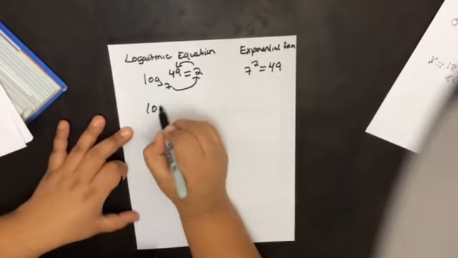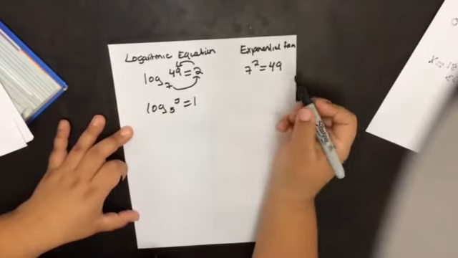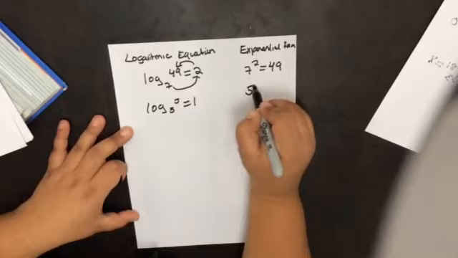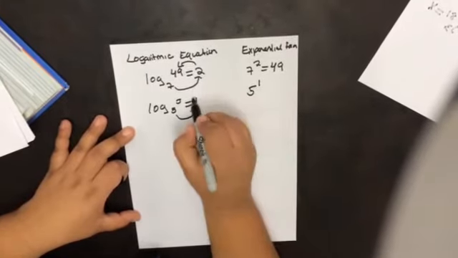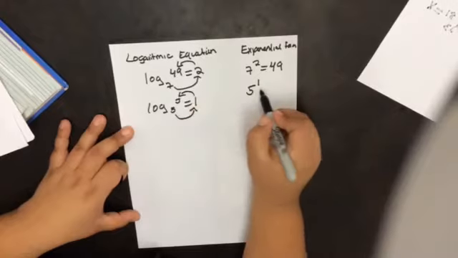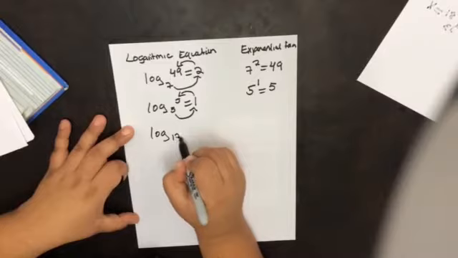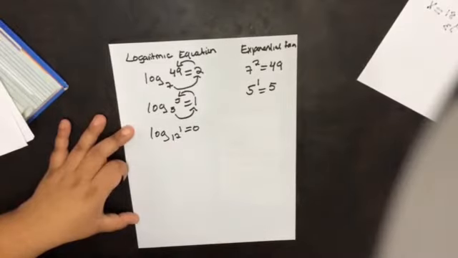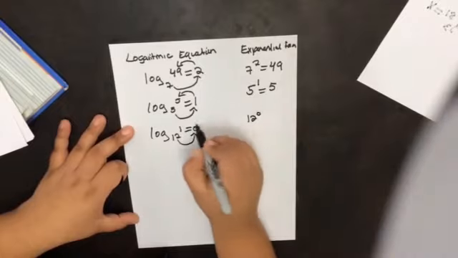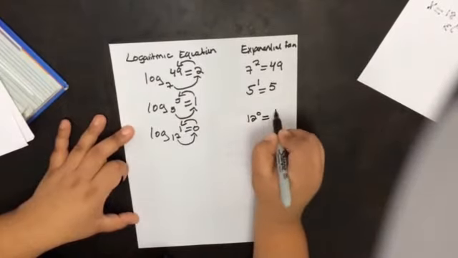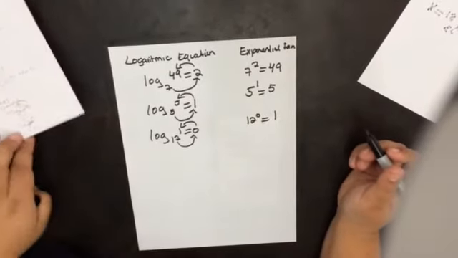If we have log base 5 of 5 equals 1, then we're going to write it as 5 raised to the 1 power equals 5. One more. If we have log base 12 of 1 equals 0, then it's going to be 12 to the 0 equals 1.